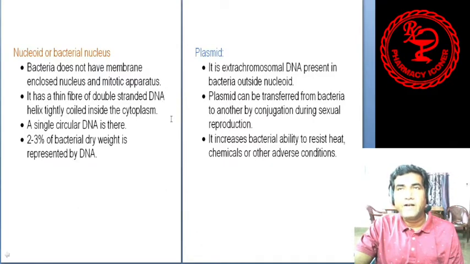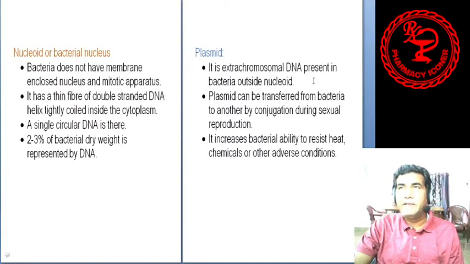So that is the function of two things: they carry hereditary information from one bacteria to another bacteria, and second, it helps in the production of proteins and protein-like substances like enzymes. So that was the nucleoid.